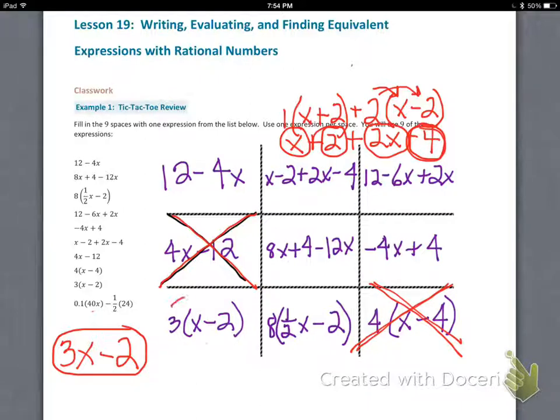If I went ahead and distributed this out, 3 times x is 3x, that stays the same. But then 3 times negative 2 is negative 6. So that's going to be 3x minus 6.